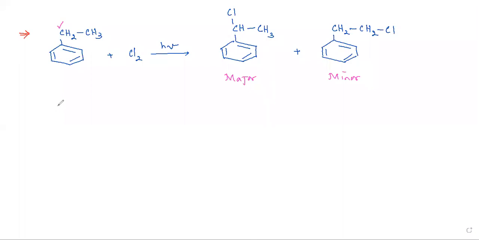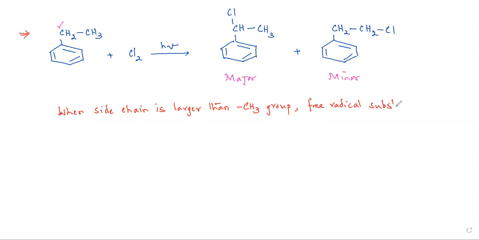So let me tell you that when the side chain is larger than the methyl group, free radical substitution takes place at the benzylic carbon. Okay, this is very important.